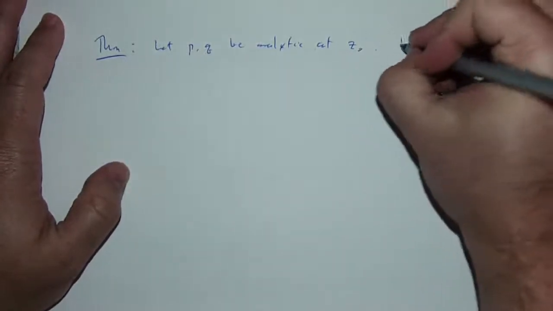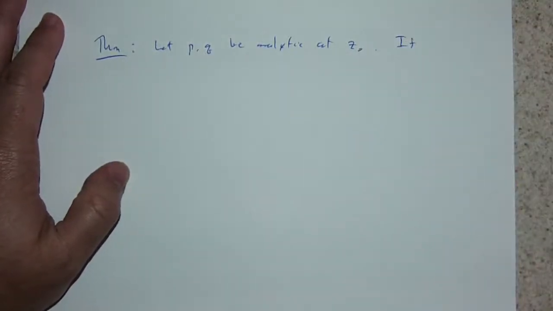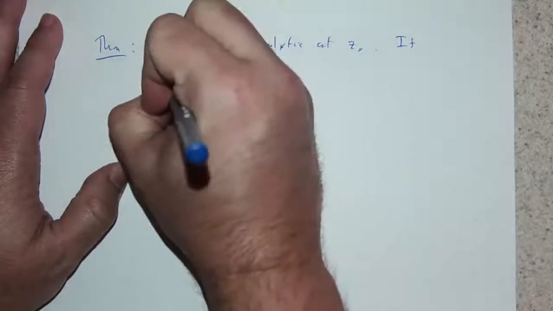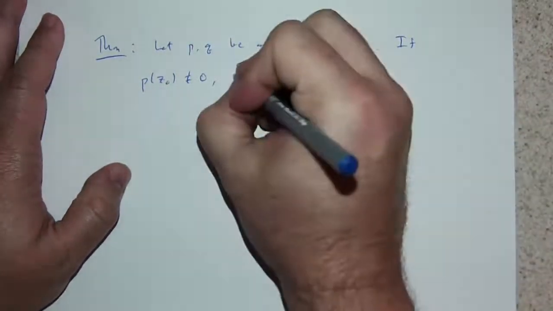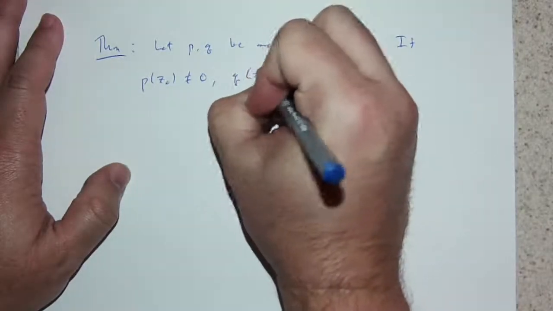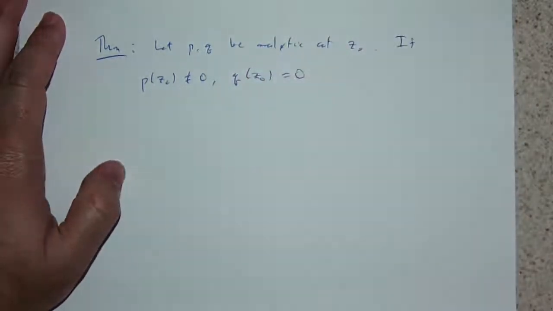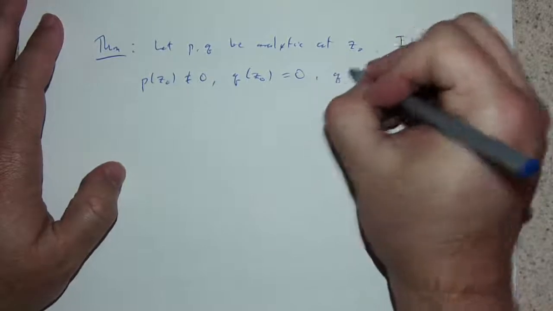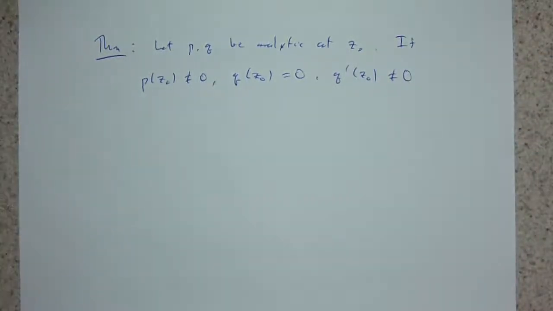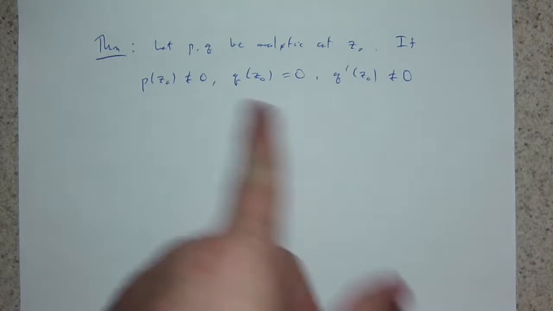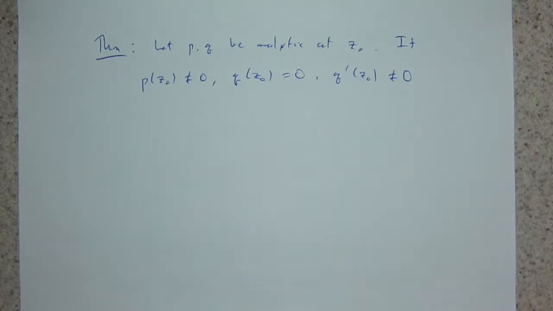If p of z naught is not equal to 0, q of z naught is equal to 0, and q prime of z naught is not equal to 0, then z naught is a simple zero, a zero of order 1 for q, which means that the quotient has a simple pole.